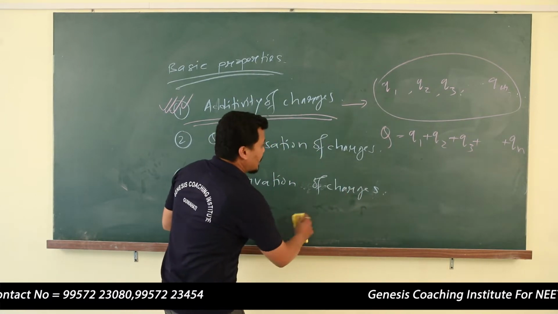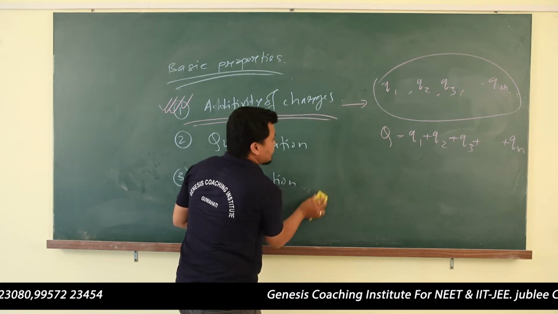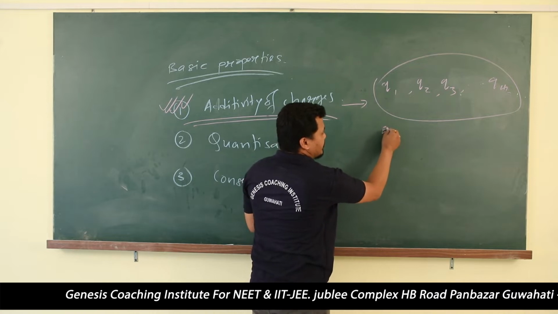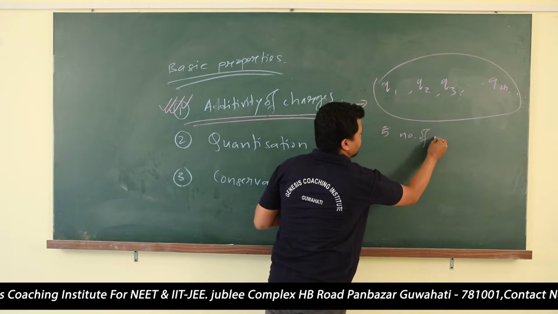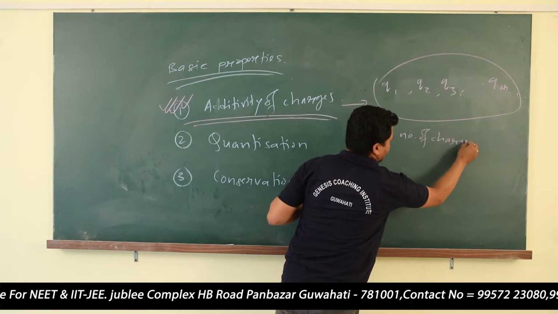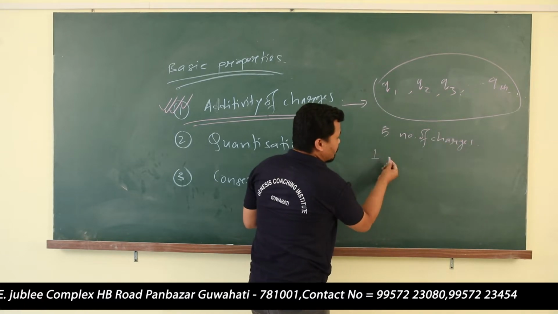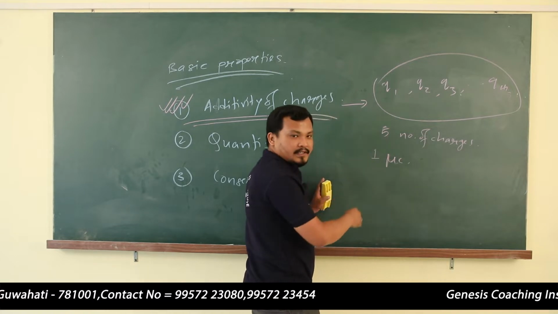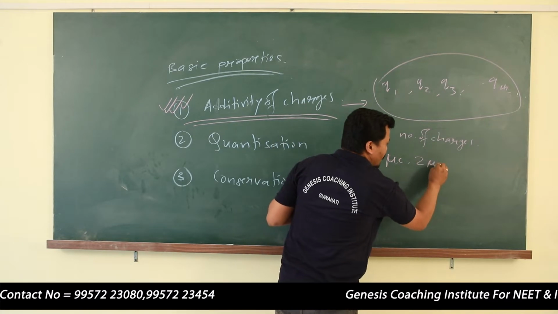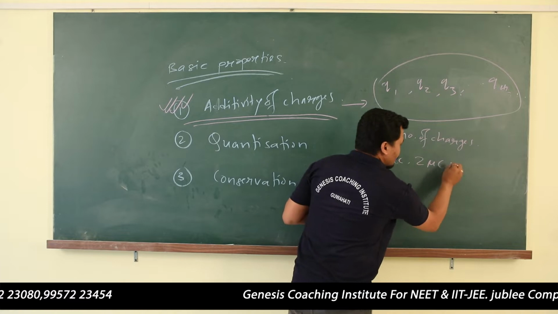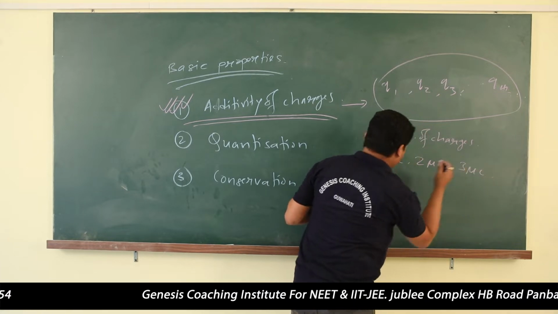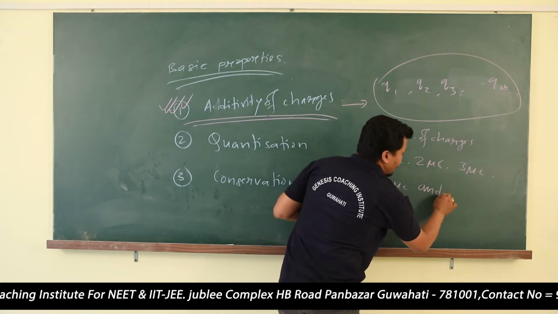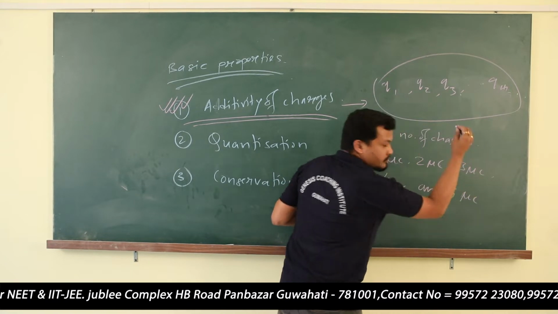Suppose, for an example, we consider a system of charges which consists of 5 charges: 1 microcoulomb, 2 microcoulomb, 3 microcoulomb, minus 4 microcoulomb, and last one, 5 microcoulomb.